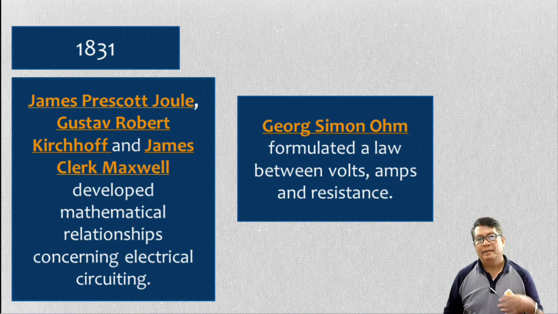Then James Clerk Maxwell developed a mathematical relationship for electrical circuits. So this was the contribution of these three persons, Joule, Kirchhoff, and Maxwell. They were able to develop mathematical relationships in different electrical circuits.